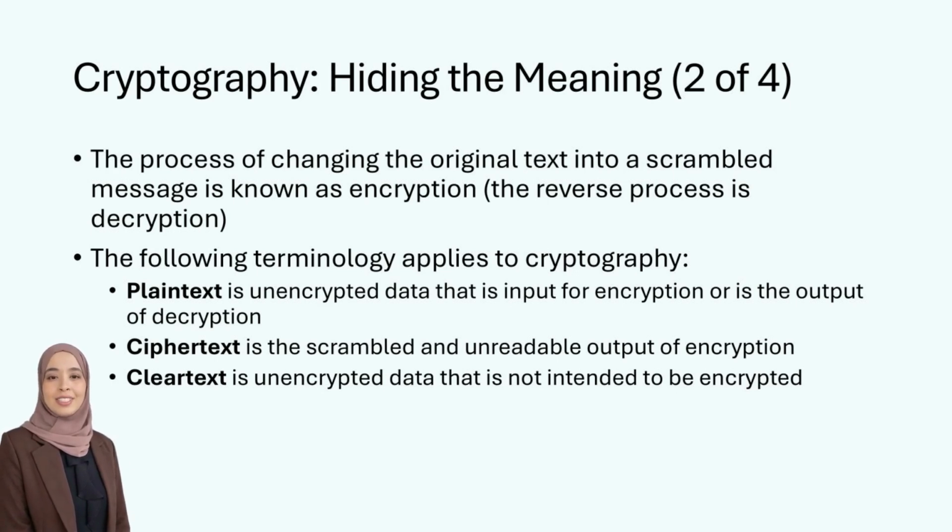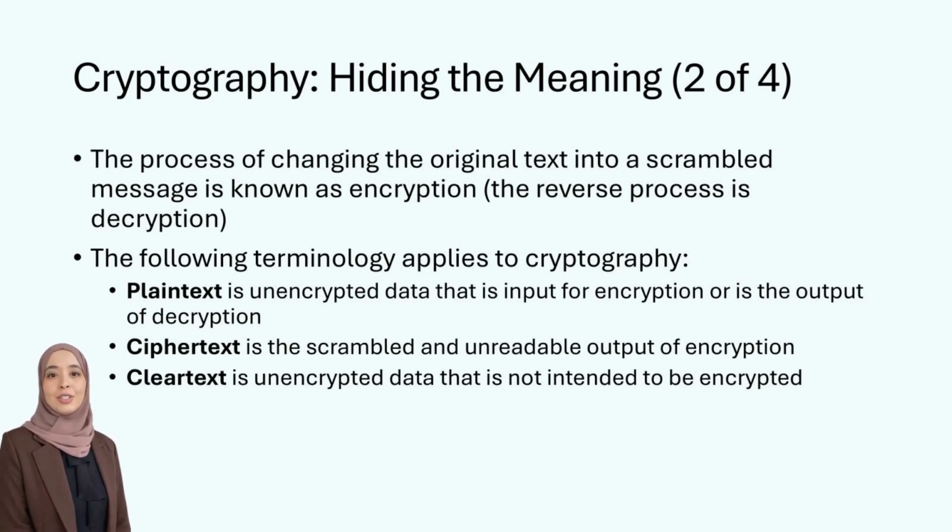Next we have ciphertext. Ciphertext is the scrambled, unreadable message. This is how we make it unreadable: we create a new version of the message through encryption. We also have clear text.